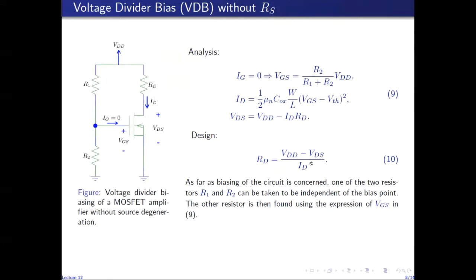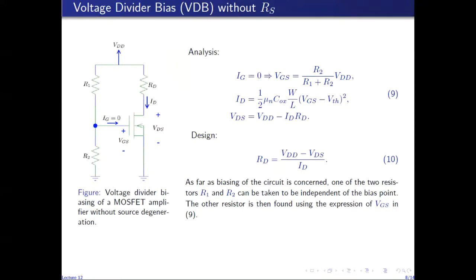So given the DC voltages, VDS, ID, and VGS, we can assume the value for one of these two resistors, R1 and R2, and then we can find the other using this expression for VGS, and we can find RD using this expression, which is obtained by writing KVL in the output loop.